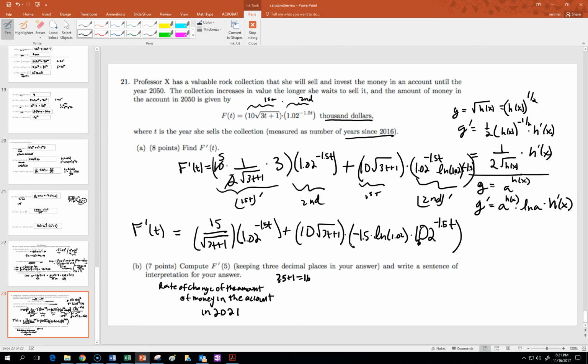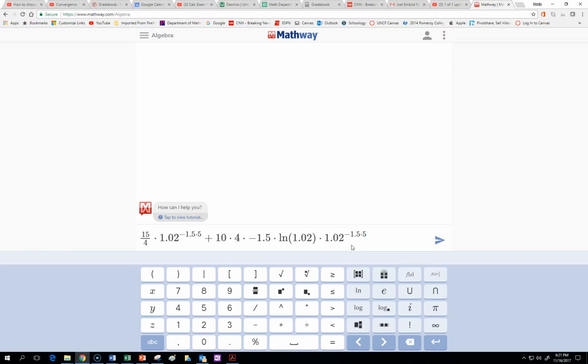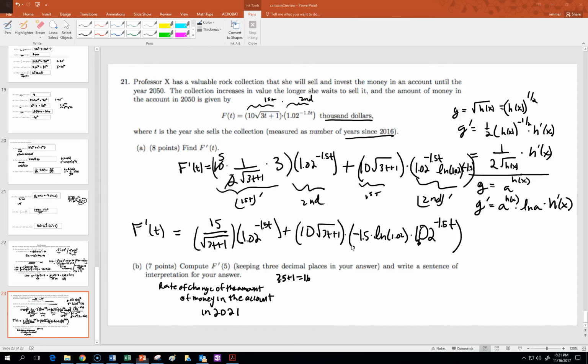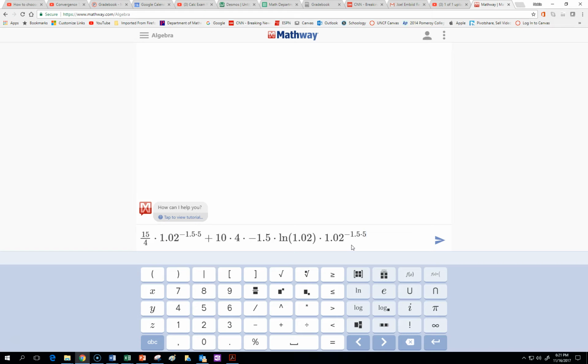Let me double check that. 15 over 4, 1.02 to the negative 1.5 times 5, plus 10 times 4 times negative 1.5, natural log 1.02, 1.02 to the negative 1.5 times 5. Okay.